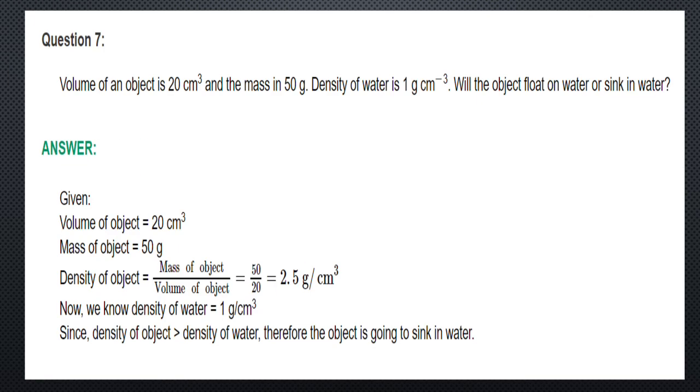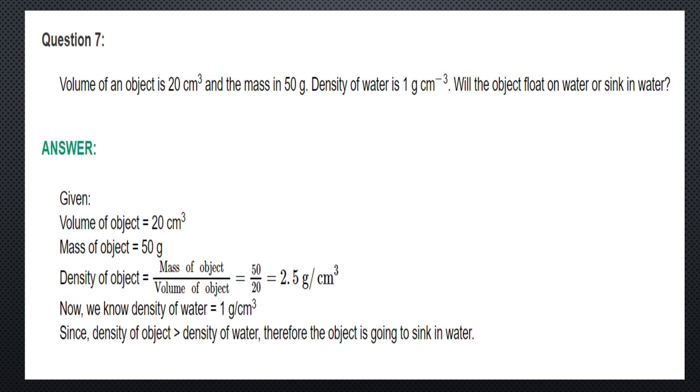Now let us move towards question number 7. Question number 7 is, volume of an object is 20 cm cube and the mass is 50 gram. Density of water is 1 gram per cm cube. Will the object float on water or sink in water?